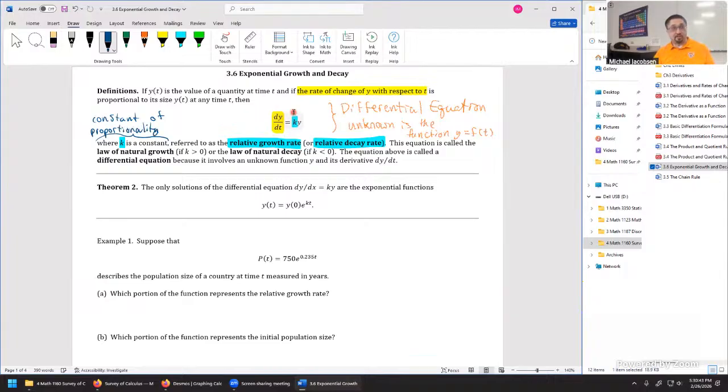Pre-calculus sometimes covers these concepts. Other times they skip it if they're running behind on the course. So no worries if this feels like it's kind of new material. It will still be just fine in the notes.